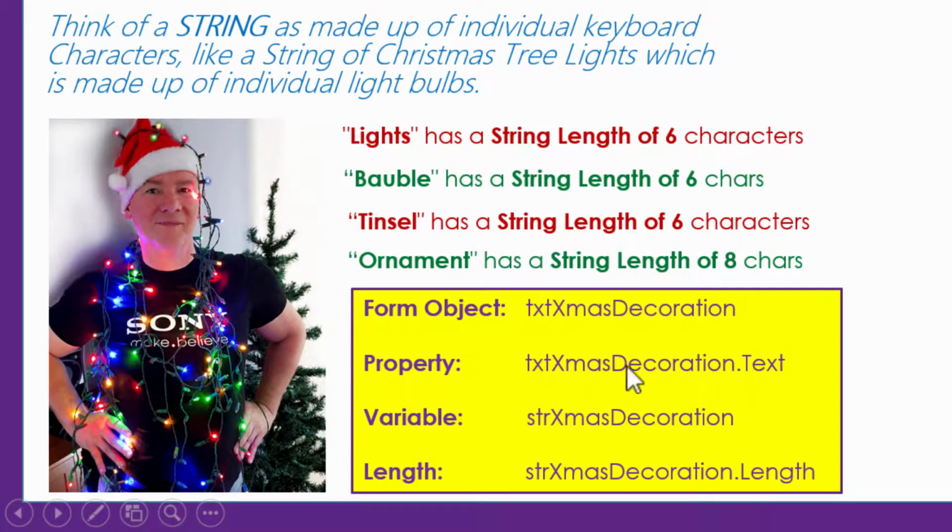What we usually do is take the contents of that text box and move it into our own program variable. So we'll set up our own string variable inside the program, string Christmas decoration. Then if you want to know how many characters are in that string, you can just put a .length on the end of the name of that variable in your program. And that's how we find out how long strings are.